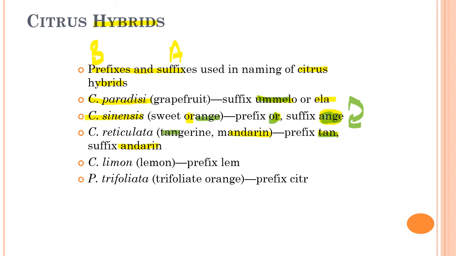See, that's how you name it. Lemon, you take lim. For trifoliate oranges, you take cit, like citrus. So when you mix and name things, they come from different parts of the plant names. That's how it is.